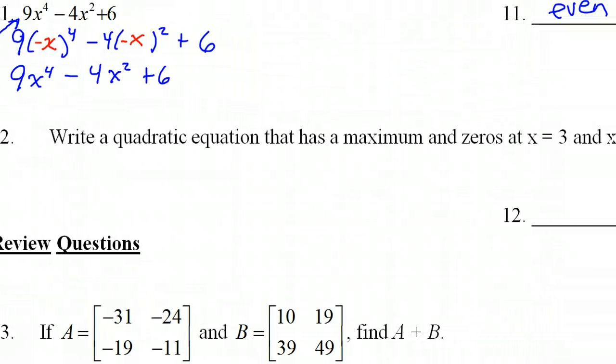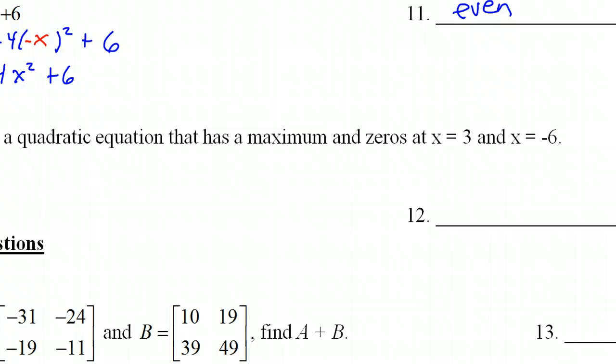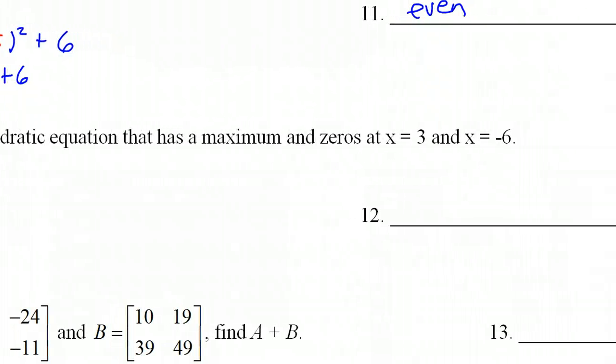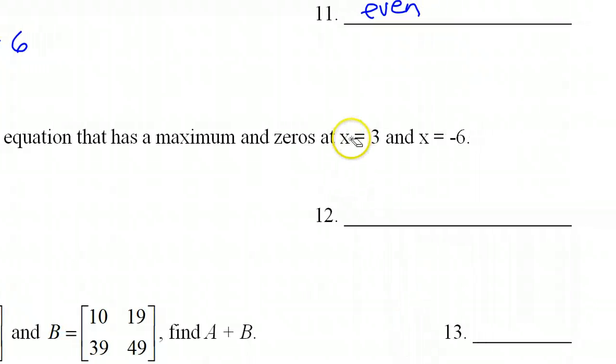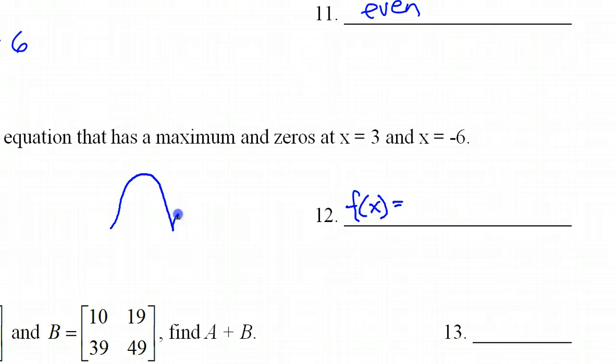Alright, well, this says write a quadratic equation that has a maximum and zeros at here and here. Well, okay, so we need a quadratic equation, a quadratic function. If we want it to have a maximum, that means it needs to be upside down.